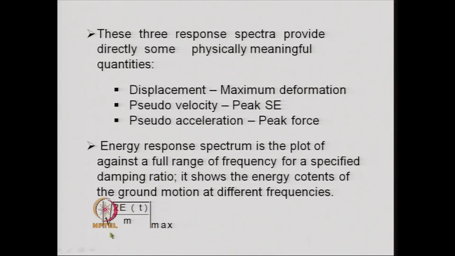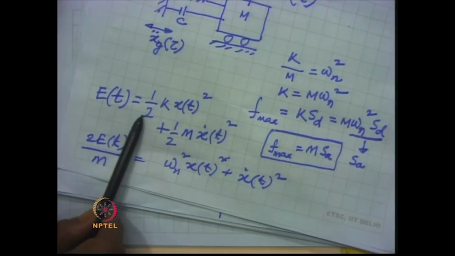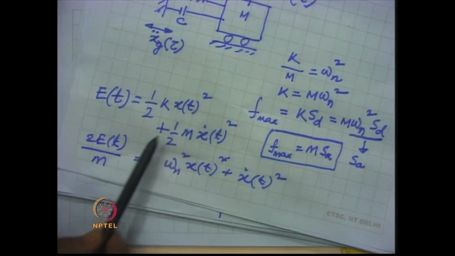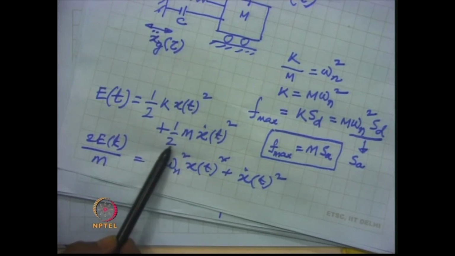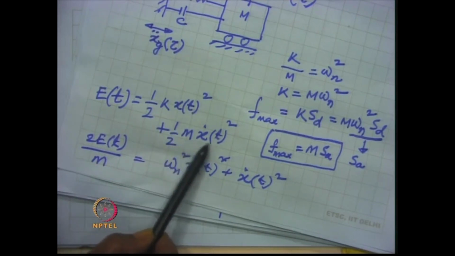The energy is expressed as the square root of 2 times E t divided by m, and the maximum value of this is obtained over all instants of time t. For example, the energy at any time t is equal to half k x t square plus half m x dot t square.